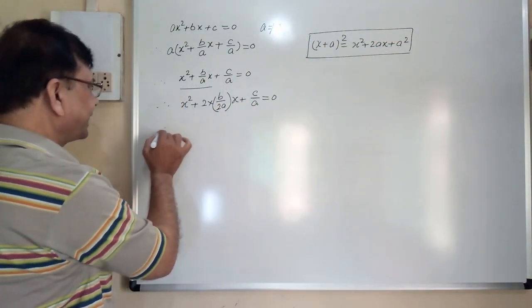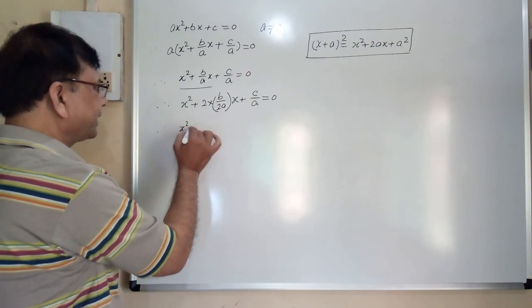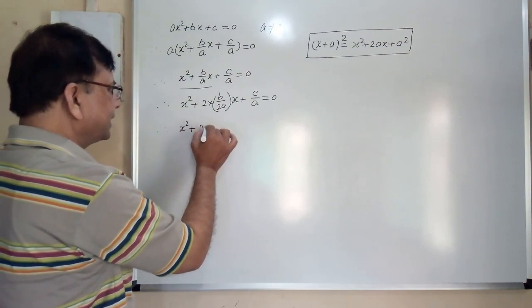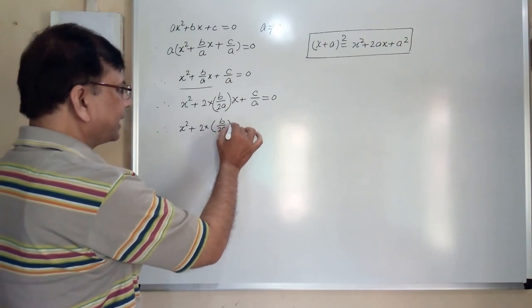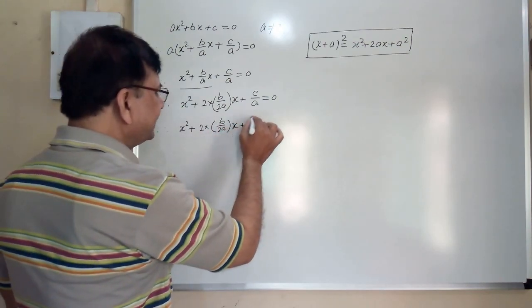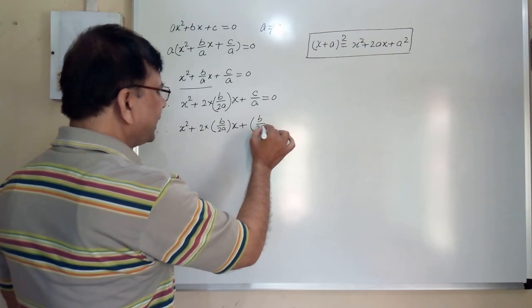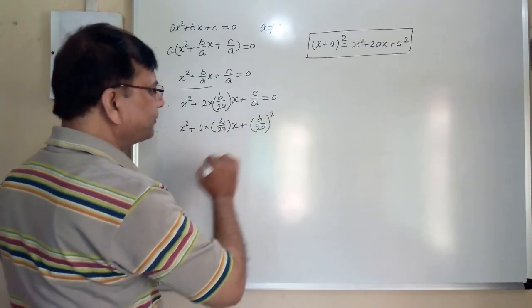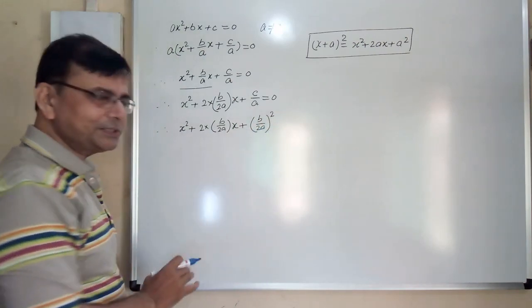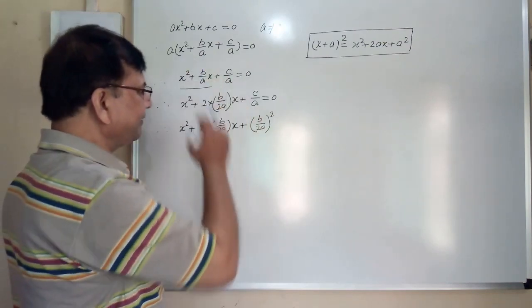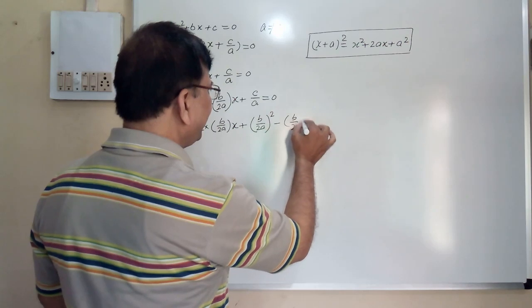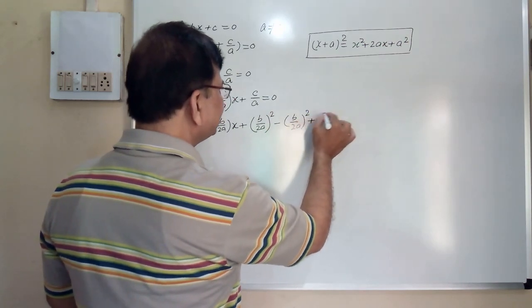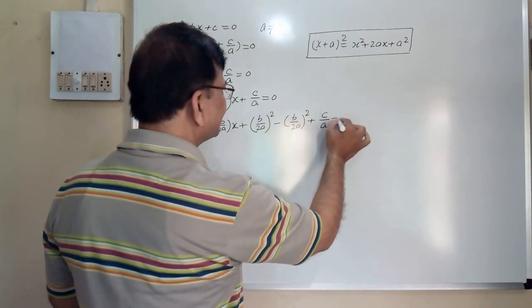So this can be written as x square plus twice into b upon 2a x. We will add b upon 2a whole square. Since we have added this much, we'll have to subtract also to keep the equation unchanged. So minus b upon 2a whole square plus c by a is equal to 0.